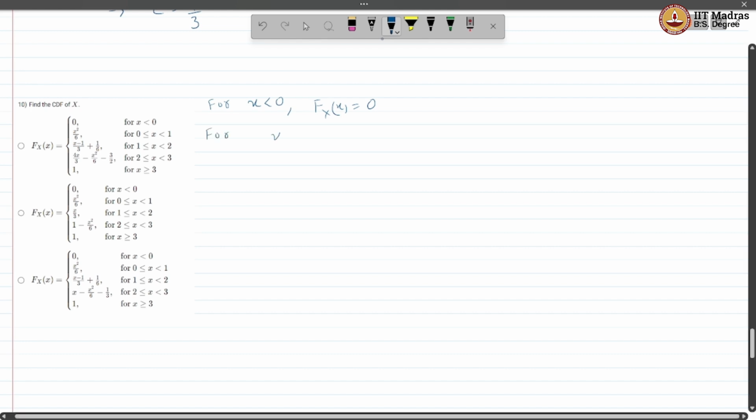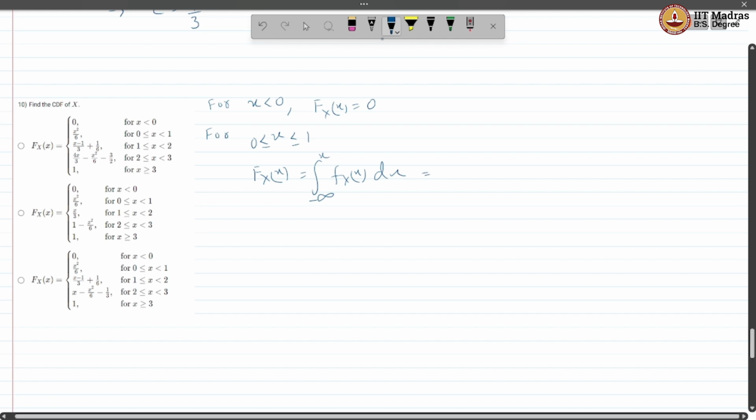And for the interval where x is greater than or equal to 0 and less than or equal to 1, the CDF will be integration of the PDF from minus infinity to x, where x is between 0 to 1, with respect to x.